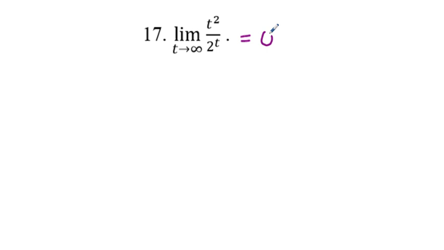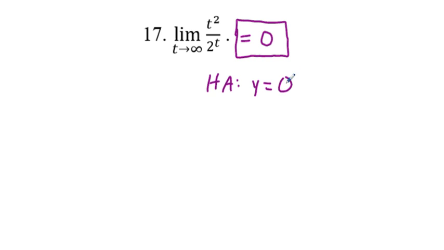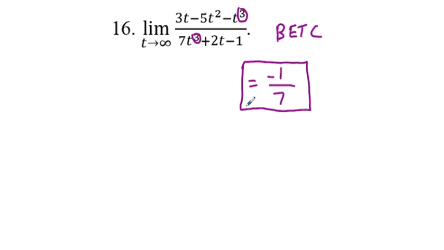And so that's going to end up being a value of 0. And so we would say also a horizontal asymptote, not that it's asking for that, is y equals 0. And likewise on 16, the horizontal asymptote would have been y equals negative 1/7.